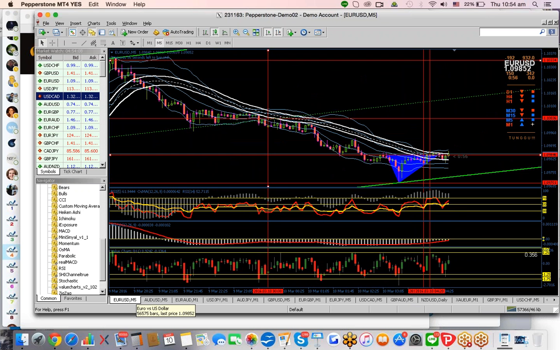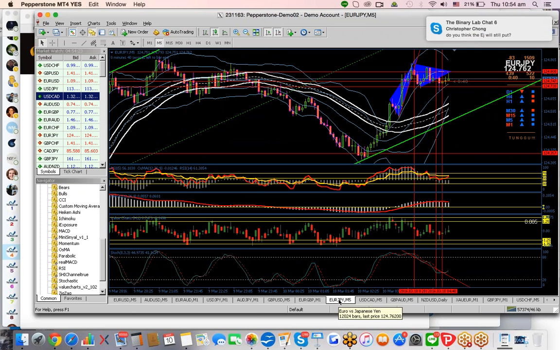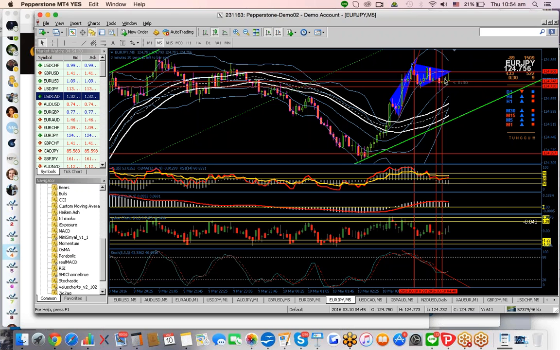Euro USD chickened out. Went back inside the range. White bands. Okay, the potential for this trade, as of now, is here.